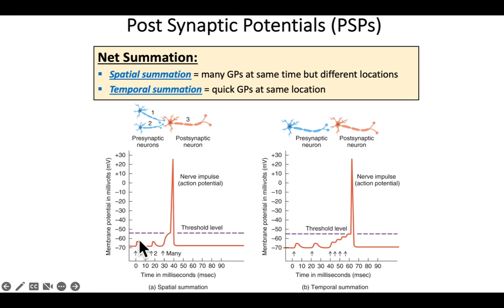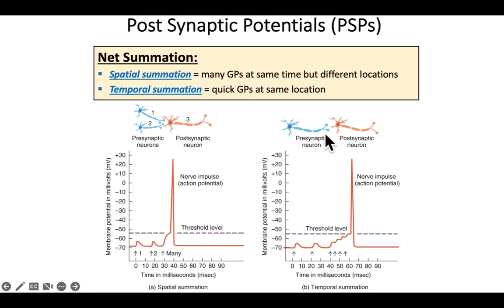So you might get one of them stimulate and you just get this little depolarization. Then you get the other one stimulate and you get this little one. But if both of these stimulate simultaneously, you'll get threshold and cause an action potential. So if you've got different presynaptic neurons stimulating at different locations, that's called spatial summation.